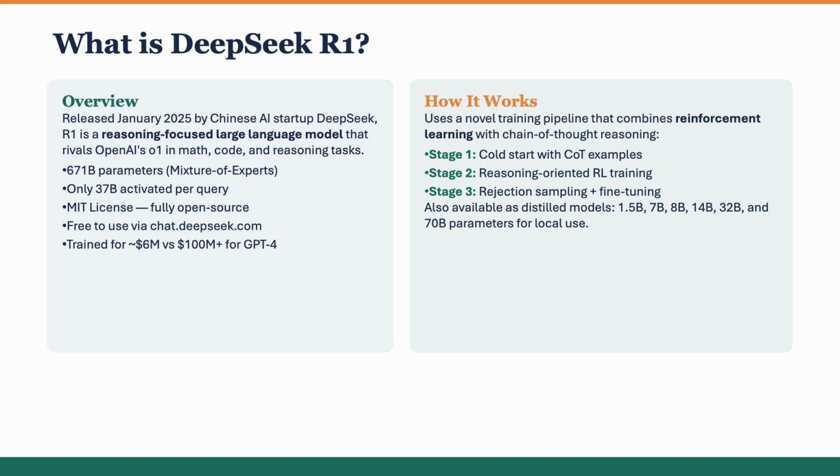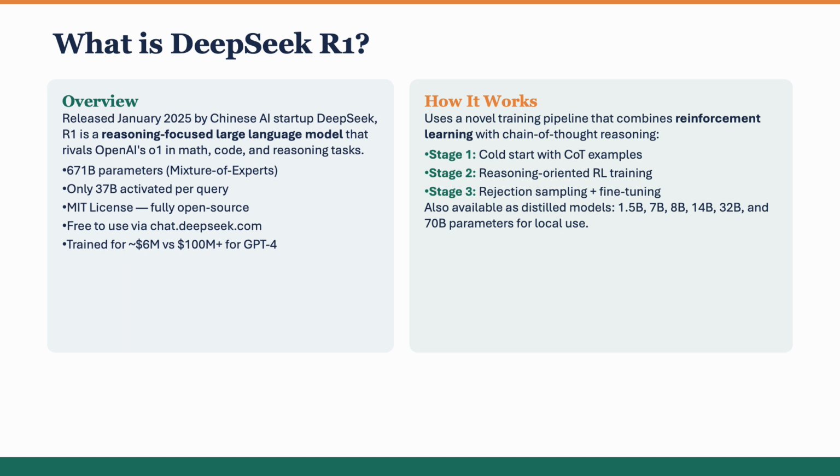According to the official DeepSeek R1 technical paper, published on arXiv as paper number 2501.12948, the model contains 671 billion total parameters, but uses a mixture of experts architecture where only 37 billion parameters are activated per token during inference. This makes it far more efficient than a traditional dense model of the same size.